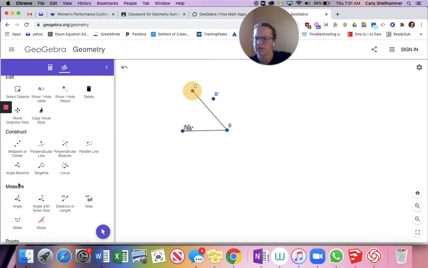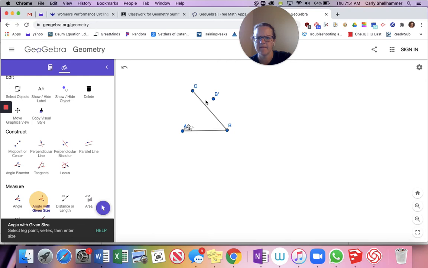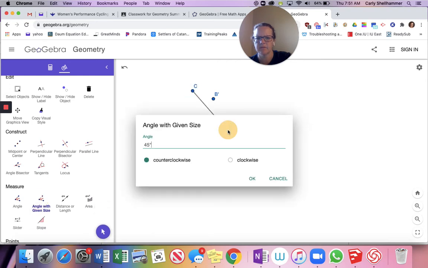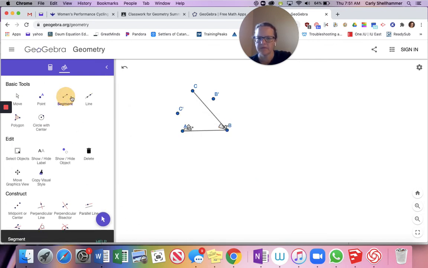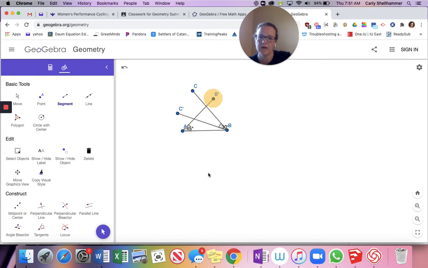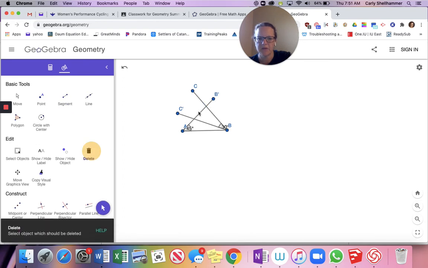And it was 30 degrees, right? Okay. So what I'm going to do here, so those are the two that I need to use. Oh, bummer. That's not going to work. Okay, let's delete those. You see where my 30-degree angle is?